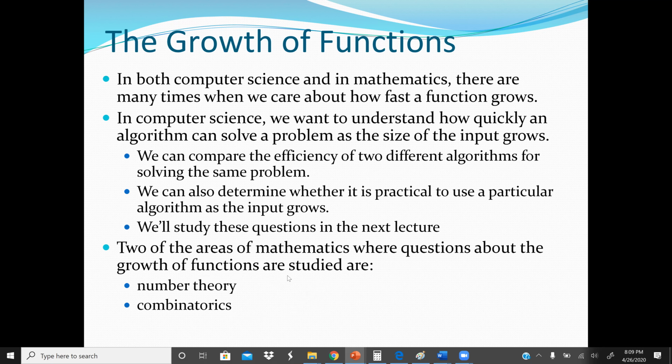Two of the areas of mathematics where questions about the growth of functions are studied are number theory, which is one of the topics in discrete mathematics that we are going to cover in the near future, and also combinatorics, another topic in discrete mathematics. These are the two major areas in mathematics where we study the growth of functions.